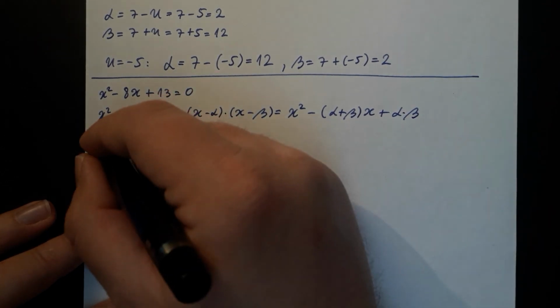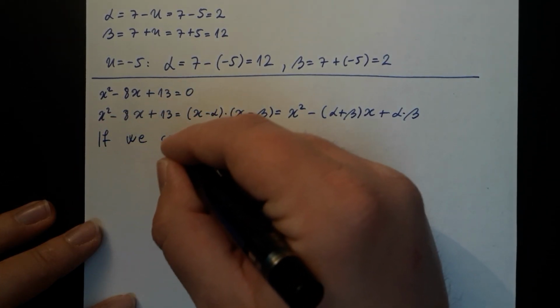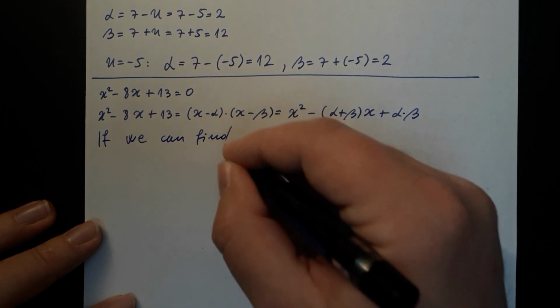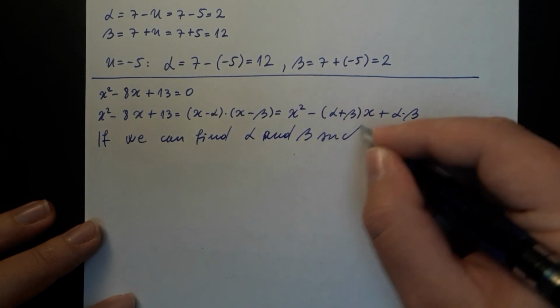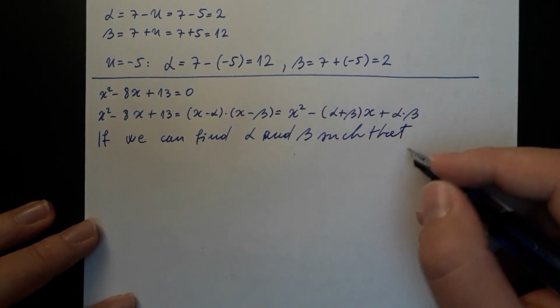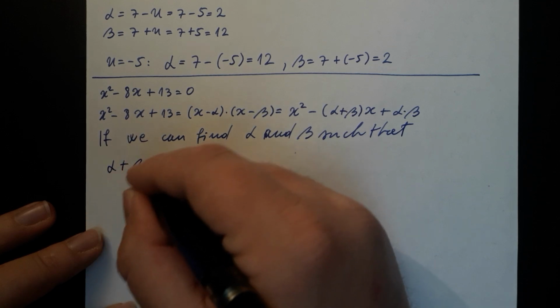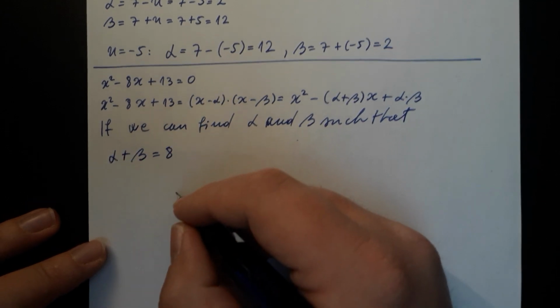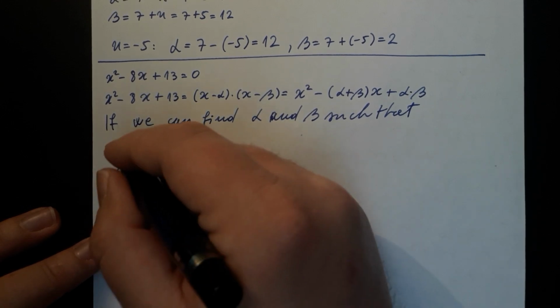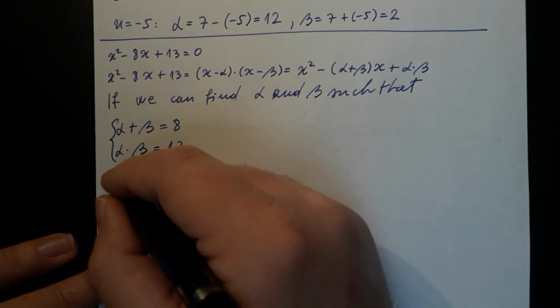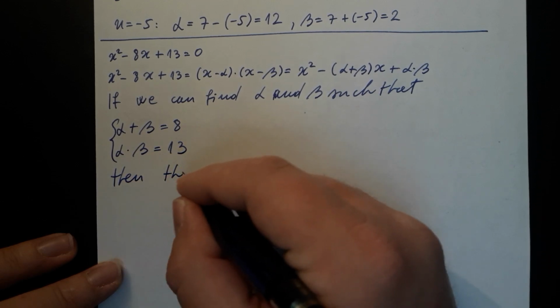So if we can find alpha and beta such that alpha plus beta is equal to 8 and alpha multiplied by beta is equal to 13, then they are all the solutions.